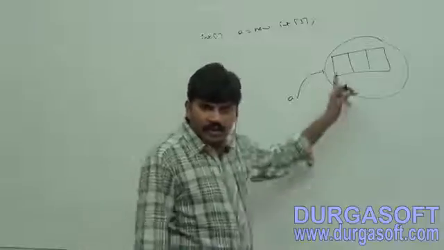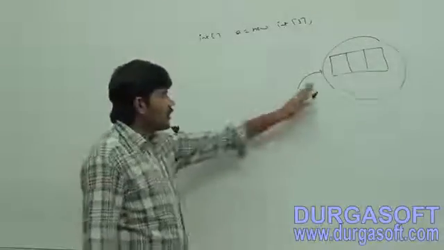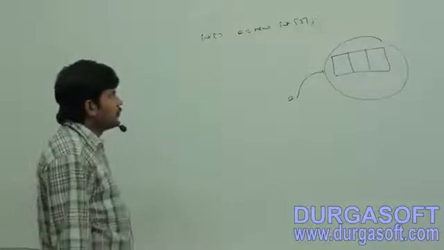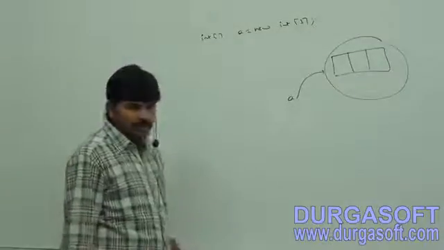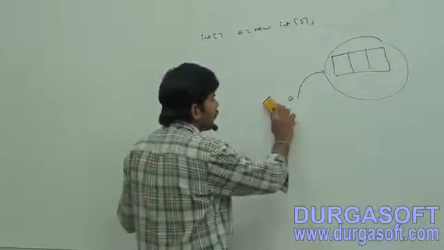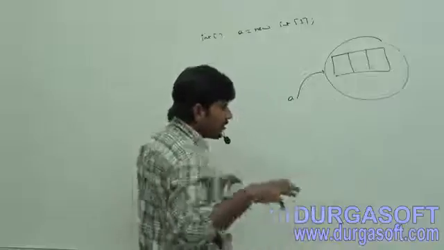I hope that is clear, right? Now A is a reference variable for that. Next, you have to take this diagram also so that you should feel it is an object.